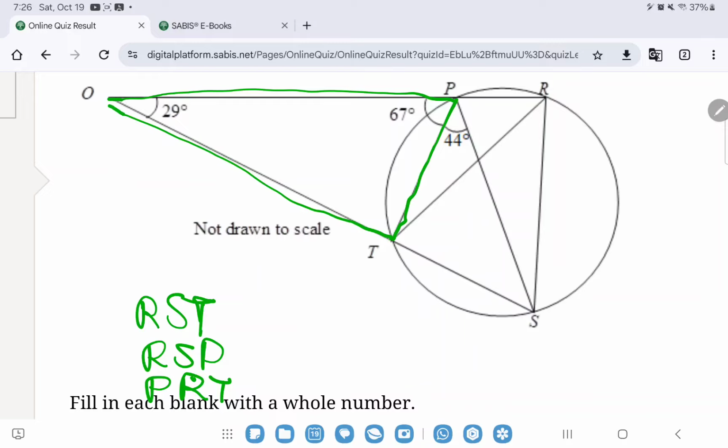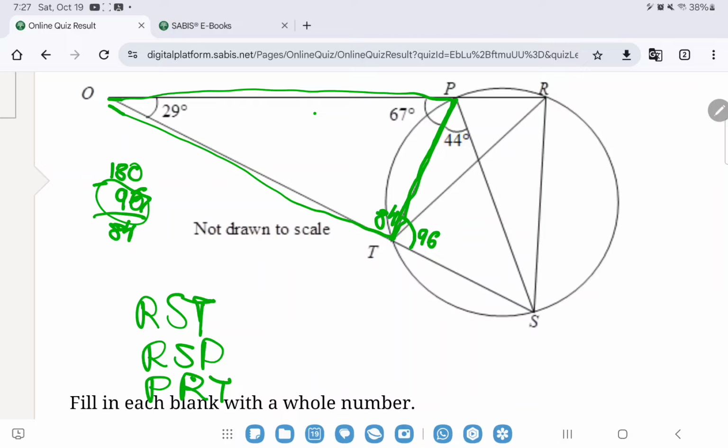Once you add these two up, 67 plus 29, they give you 96. 180 minus 96 is going to be 84, making this angle here 84. So if this angle is 84, then this angle is whatever is left of 180, which is 180 minus 84, which is 96, as we just found. So we know that this big angle is 96.